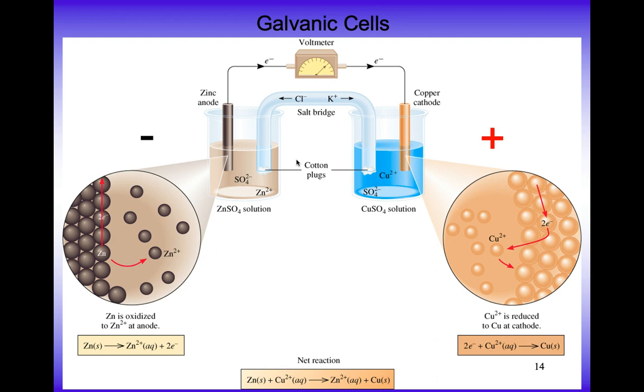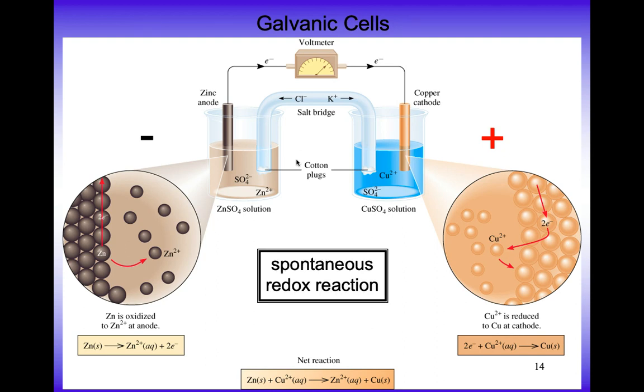So what's going on in this cell? We have a spontaneous redox reaction, and electrons are traveling from the anode to the cathode. In this case, it's from the left-hand side to the right-hand side.